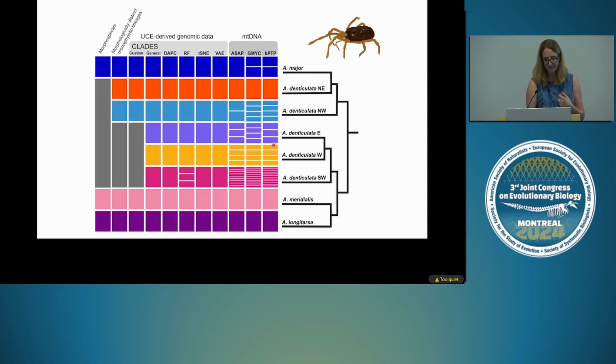Given there's a large number of possible answers to the question, how many species are there within this complex, how should we proceed? Especially, how should a taxonomist proceed? We focused on 2 criteria. Number 1, we're interested in answers that are congruent across different data types and different modes of analysis. We're really interested in concordance.